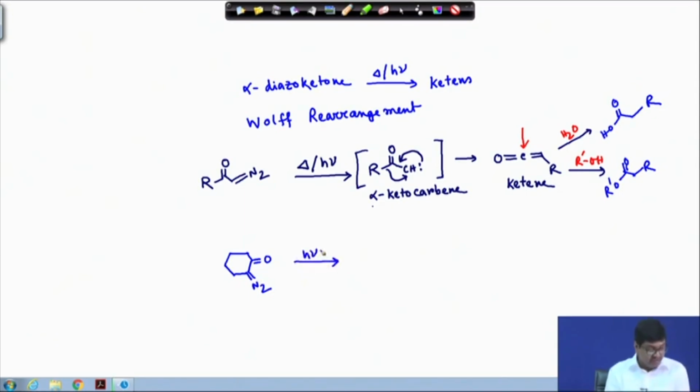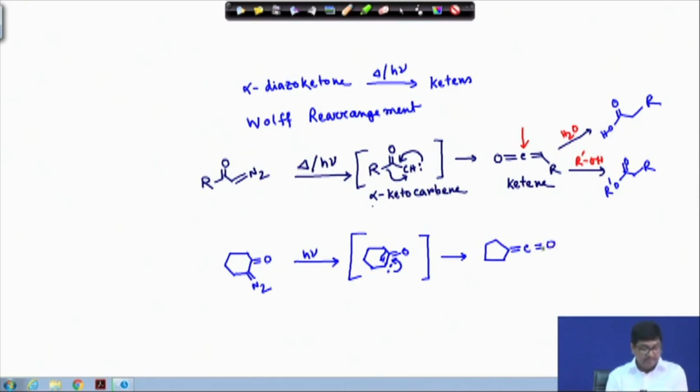It will generate the corresponding carbene under photolytic condition. Here in this case you see the ring contraction is happening. That means we started from a 6 member ring, and after this Wolff rearrangement, it becomes a 5 member ring having this ketene.